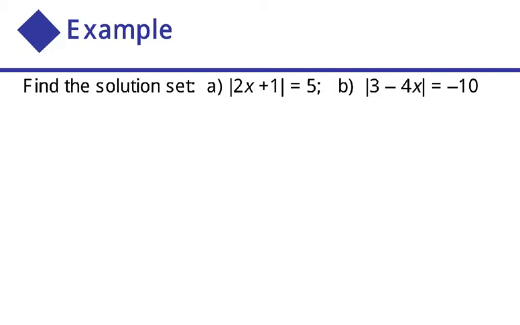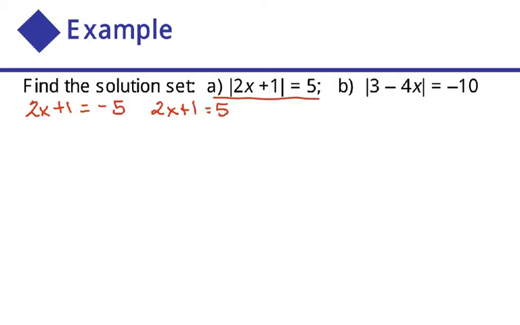So we'll do a couple examples where we're using absolute values. What we have to do is take that algebraic expression that's in the absolute value sign, and look at the two cases. The first one where it equals the opposite of the number on the other side, and the second one where it just equals that number on the other side.